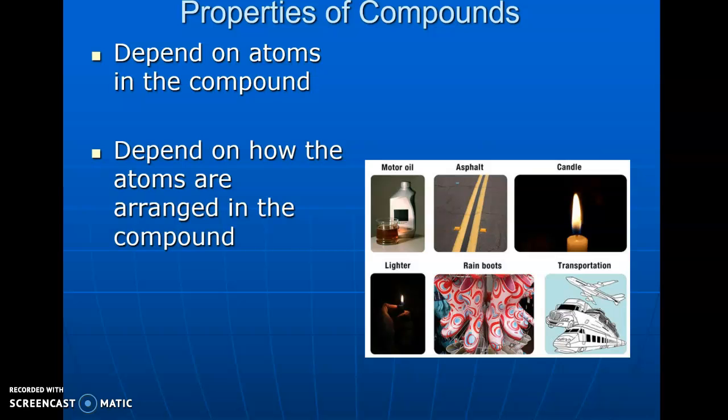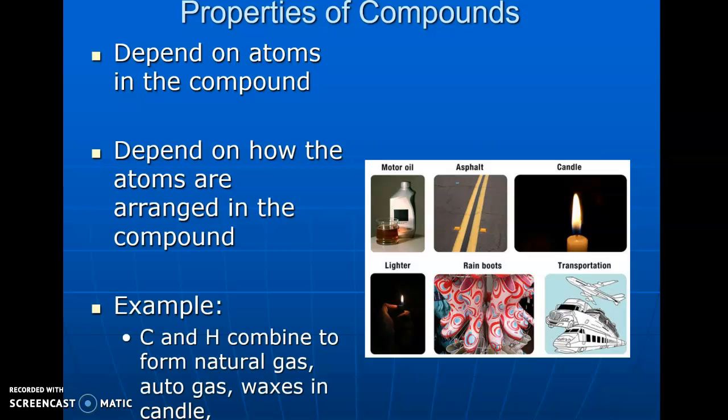So, how are these atoms attached to each other? What kind of bond do they have that holds them together? And are they attracted just to the other atoms, or are they attracted to other things around it? So there are so many things about the arrangement that determine the properties they would have as well.